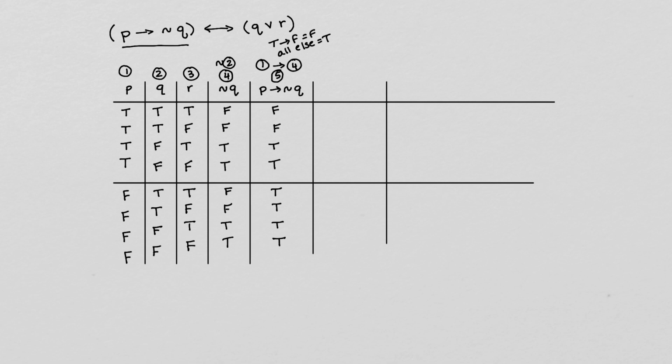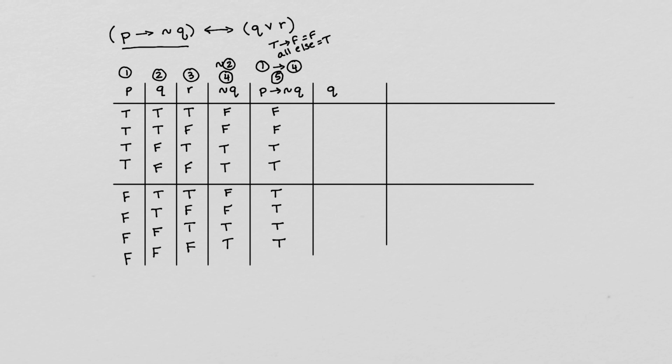And now we're ready to create our next column, which is Q or R. So this is column 2 or column 3. And you don't necessarily have to go in this particular order. I try to go from left to right as much as possible. This is making column 6.